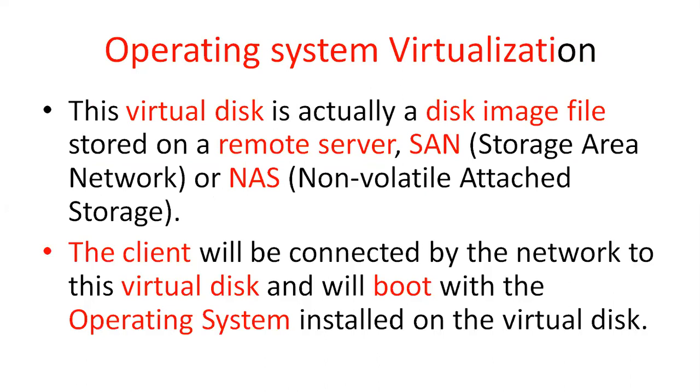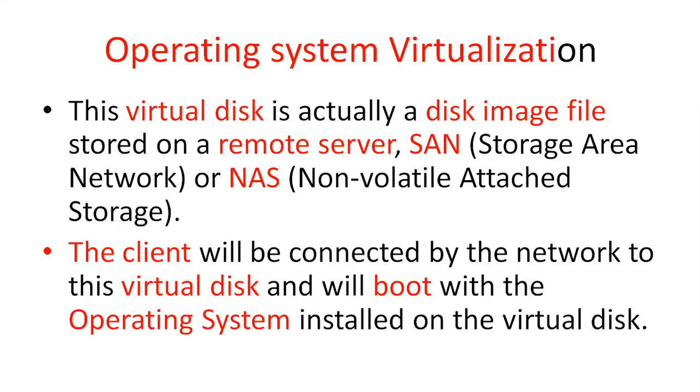This virtual disk is a disk image file. You are taking the image file. For example, with VMware, how can you install it? By directly clicking next and installing. Here, it is done directly from the Windows 7 image file.